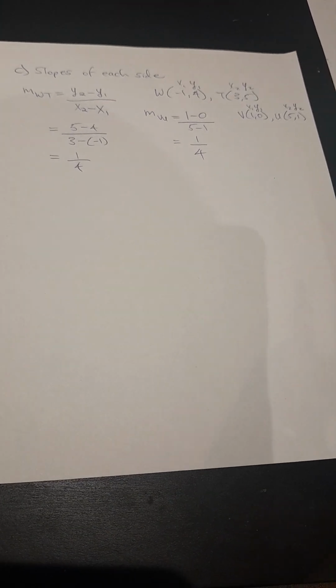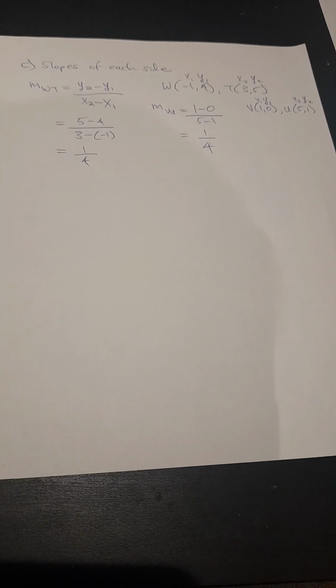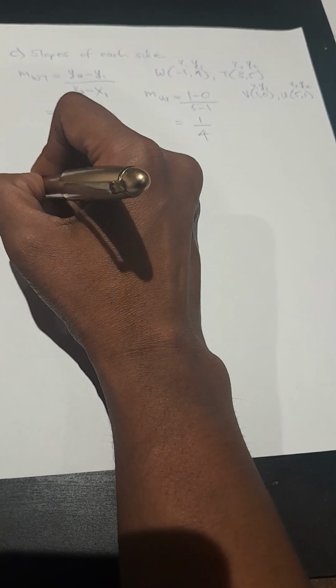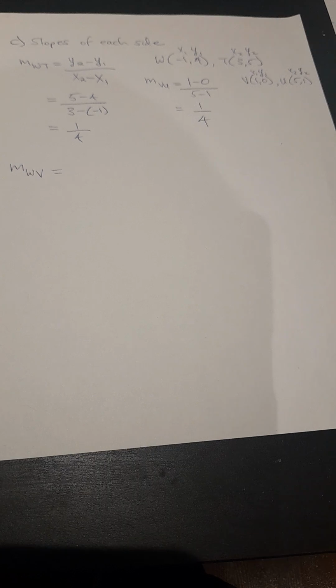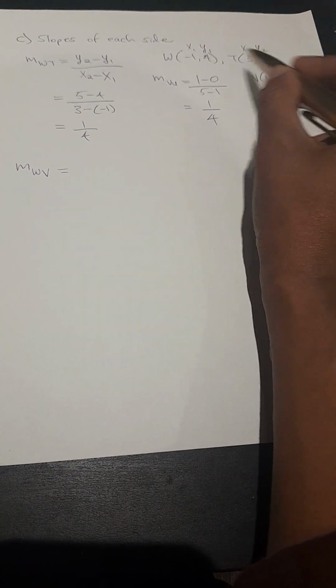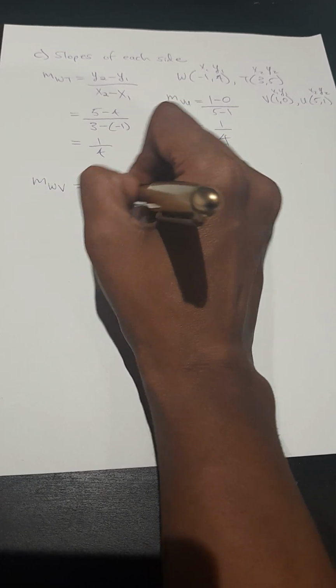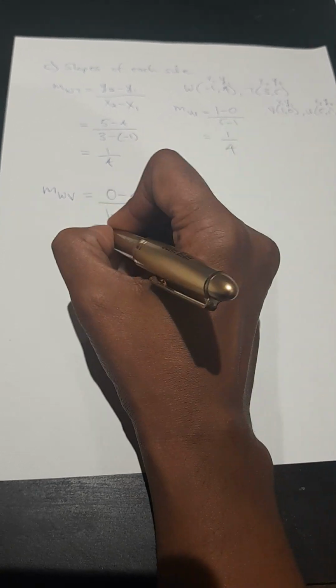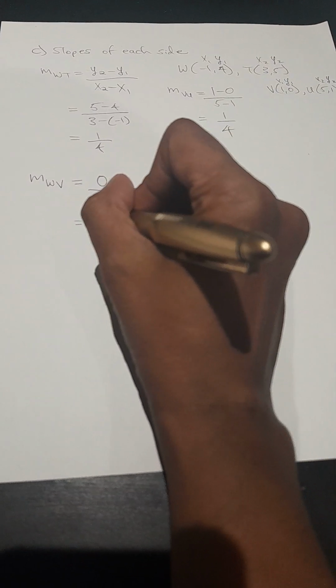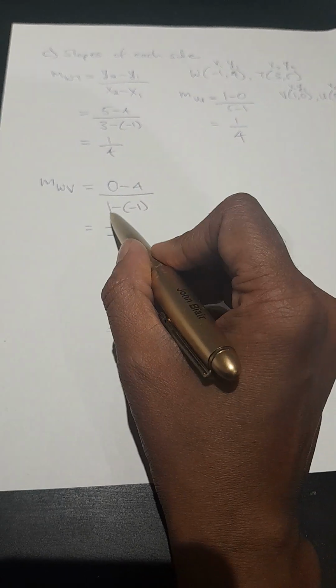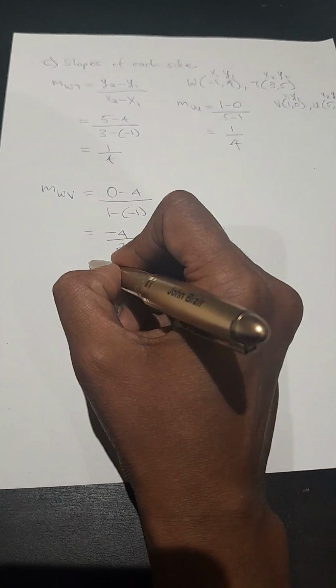So let's go to the next set of points here and the sides. We're going to do the slope of W and V. So you can just take a look again. W and V. I'm going to use these 2 points now. I'm going to do 0 minus 4 over 1 minus negative 1. Take a look at the signs very carefully. This is 0 minus 4, so negative 4 over 1 plus 1, which is 2.